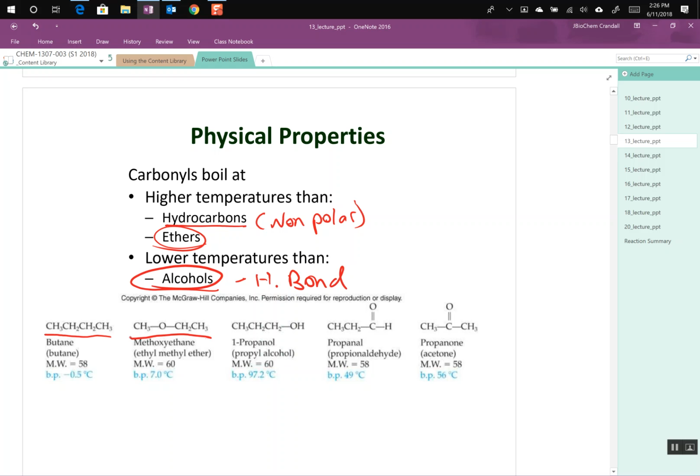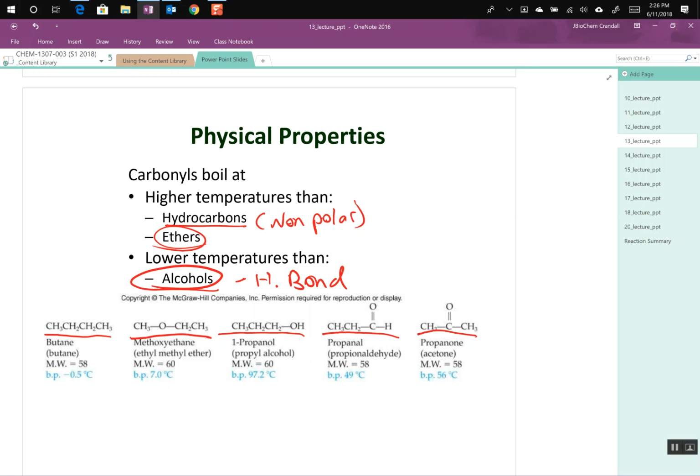Here is an ether. Here is an alcohol. Here is an aldehyde, and here is a ketone. They all have almost the exact same molecular weight. So they all weigh almost the same, which means the differences in their physical properties are not due to their mass.